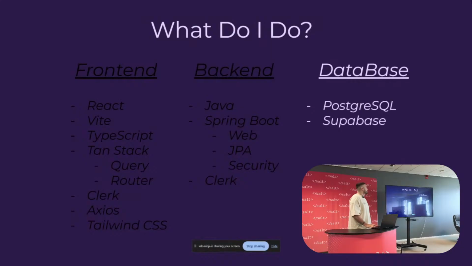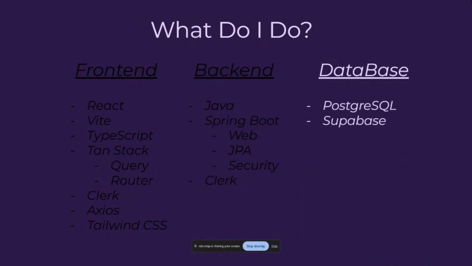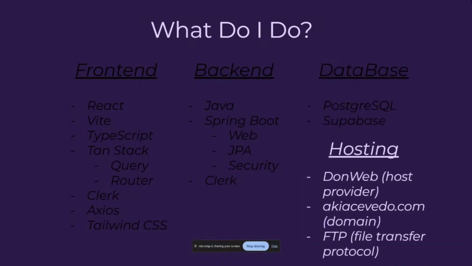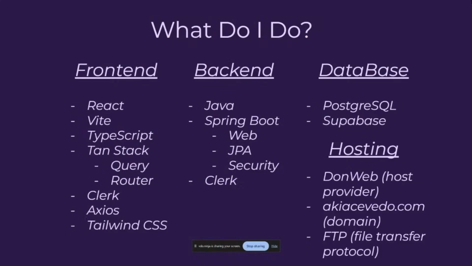The database is a Postgres database provided by Supabase, and it's actually also hosted online in a provider called DonWeb. It's accessible to any one of you if you want to try it now at akiacevedo.com. And the way I transfer my files towards the hosting is with the FTP protocol, which is a file transfer protocol. This is basically the app. I hope you liked it.